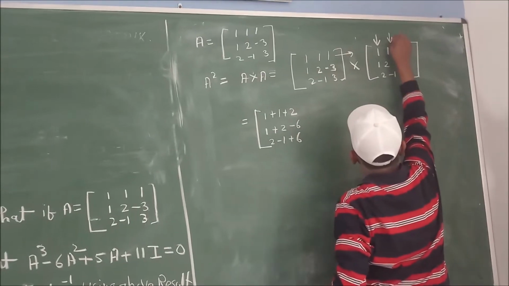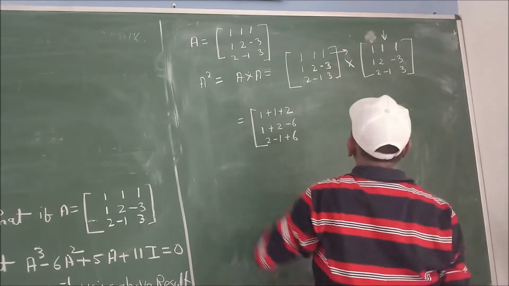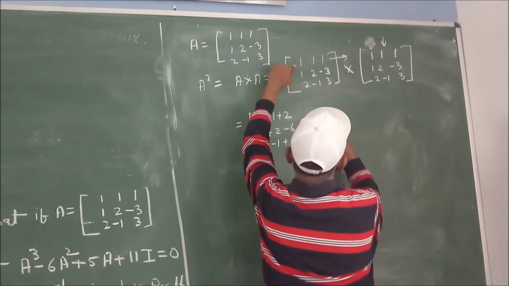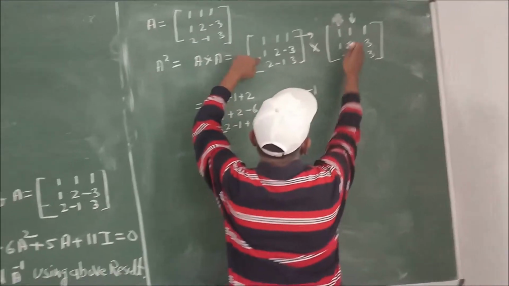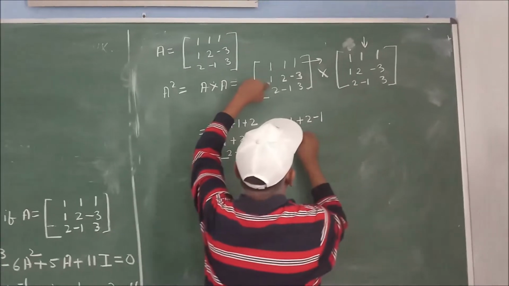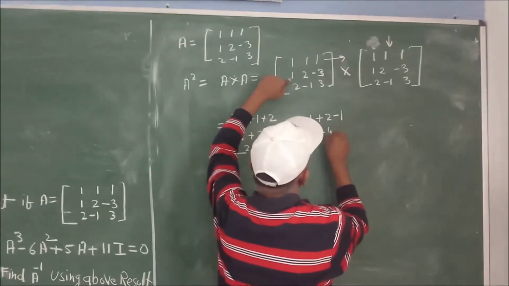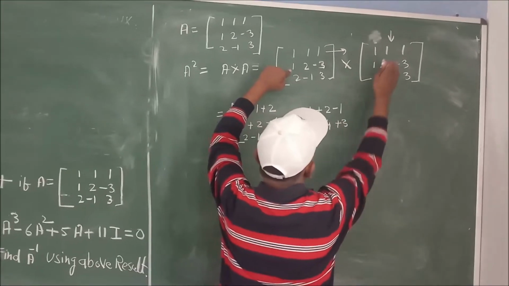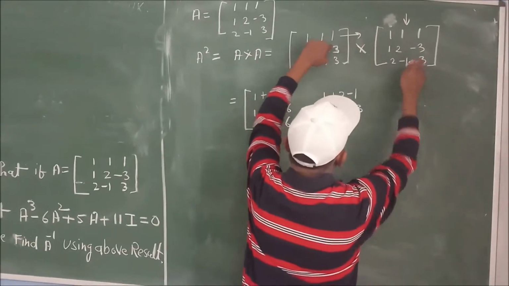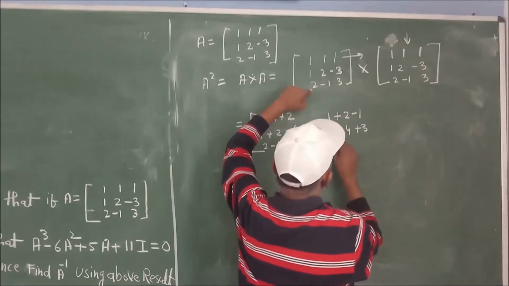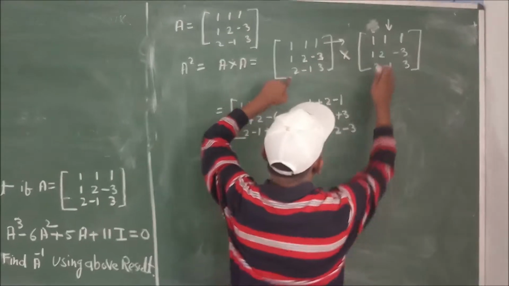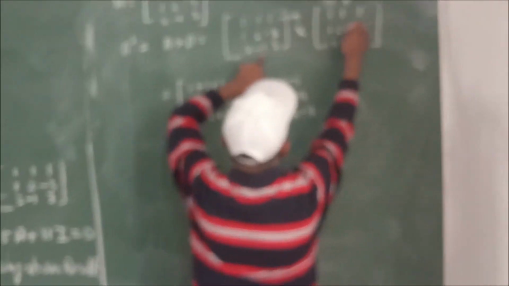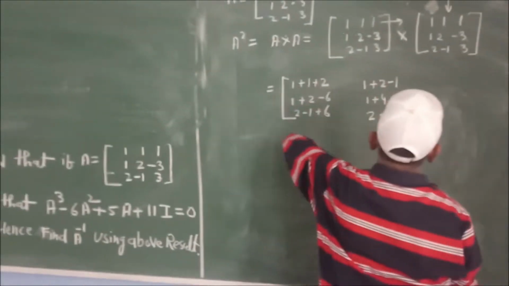Again multiply with C2. So we can write 1 into 1, 1 plus 2 minus 1. Again 1 into 1, 1 plus 2 into 2, 4 plus 3. 1 into 4 into 3. Then 1 into 2, 2 minus 2 minus 3.